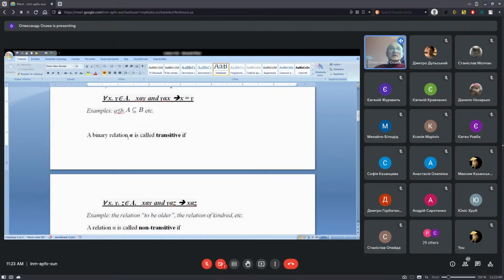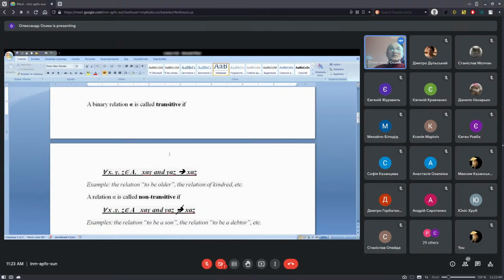A binary relation alpha is called transitive if for every x, y, and z from the set A, if x is in relation to y and y is in the same relation to z, then it must follow that x is in relation to z.